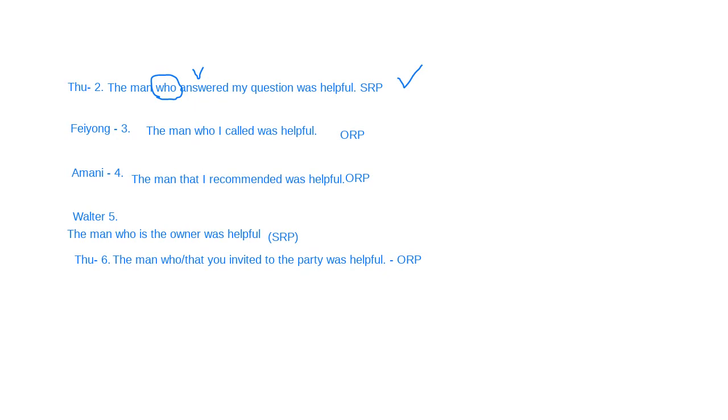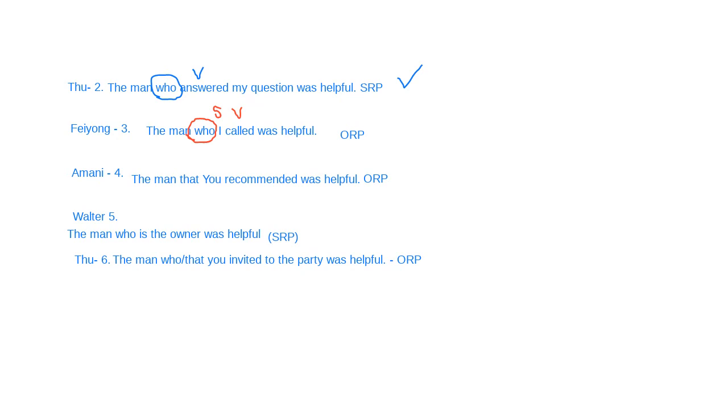So, good. So number 3, the man who I called was helpful. We've got an object relative pronoun, and that is correct. How do you know it's an object? It's because the subject is next, and then the verb called is next. So that means who is the object.